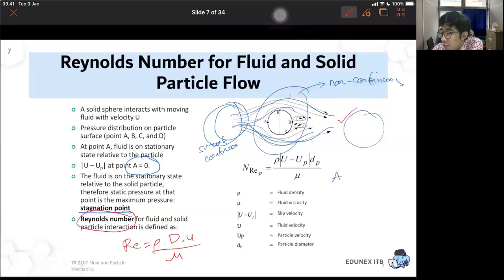It is the multiplication of the density of the fluid, where rho is the density of the fluid, D is the diameter of the particle, and then the velocity will be the slip velocity.